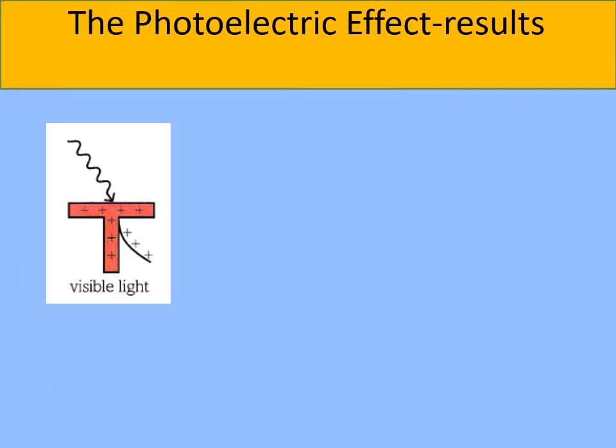So we've managed to get our zinc plate positively charged by electrostatic induction. When we shine a desk lamp, which is just visible light, incident on the positively charged zinc plate, we find that the gold leaf remains in its deflected position and doesn't move at all.